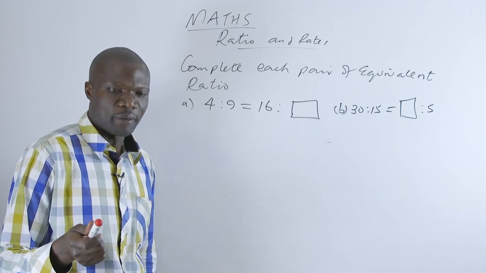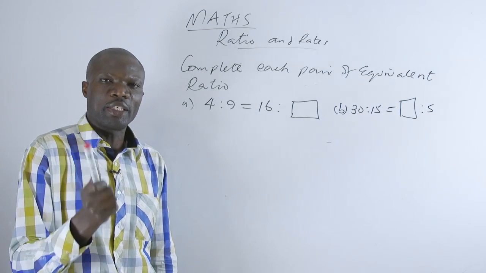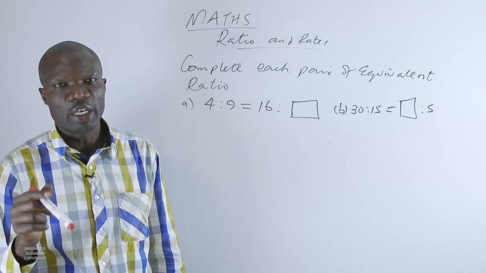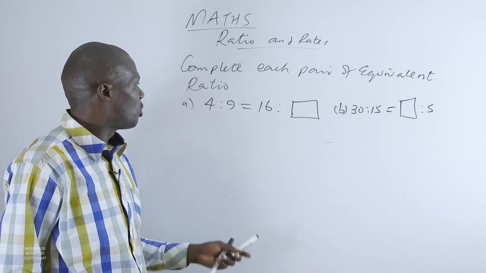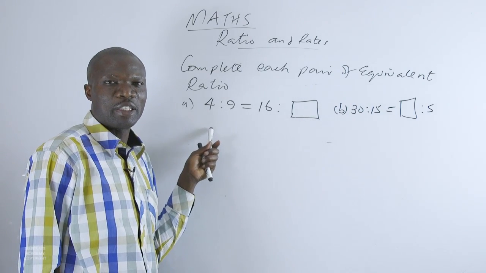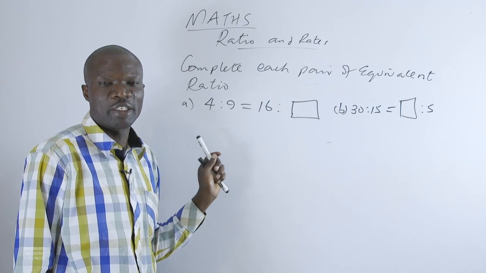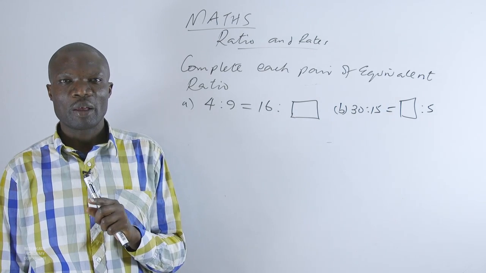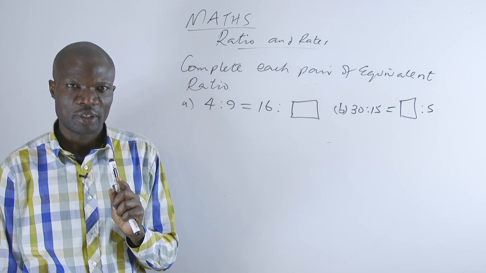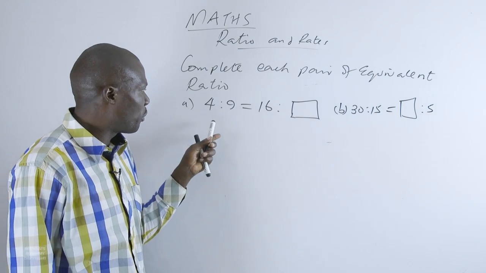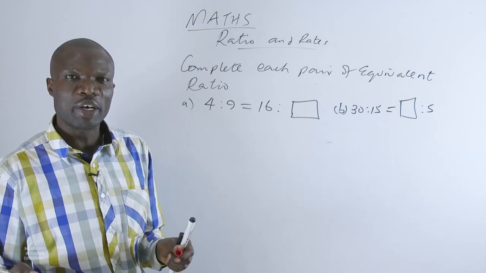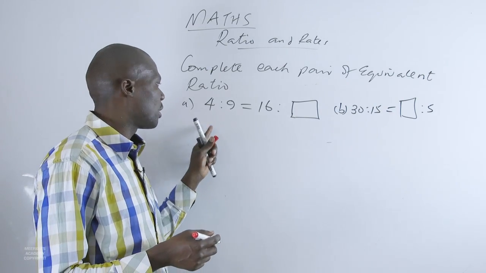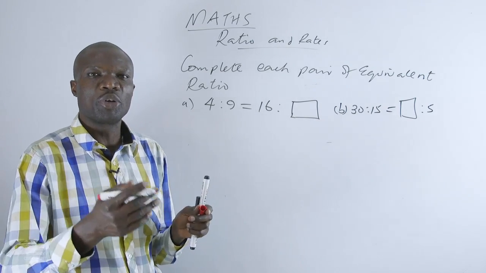So for us to attain or get equivalent ratio, we are required to multiply both the first digit and the second digit with the same factor. So for us to get the factor that has been used, let us look at the first digit. It must correspond with the second one.